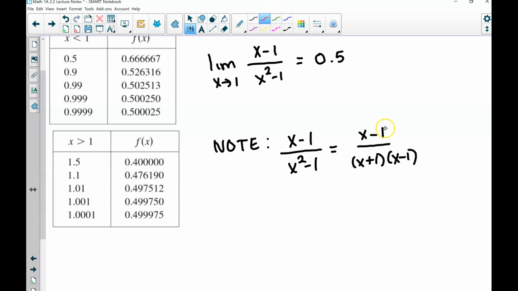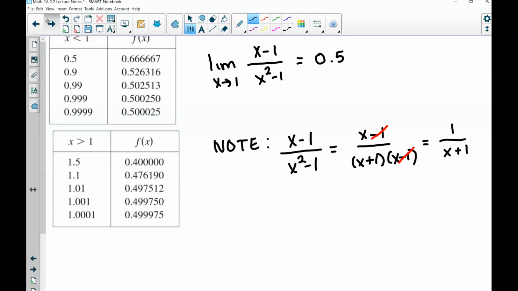If we simplify the x minus 1, what we end up with is 1 over x plus 1. Again, we're looking for the limit as x approaches 1. If we plug in the value of 1 here, we get 1 over 1 plus 1, which becomes 1/2, which equals 0.5. But again, that's something that we'll be looking at later on.